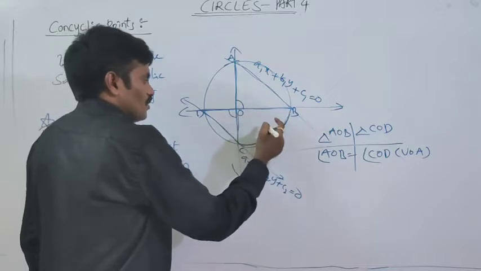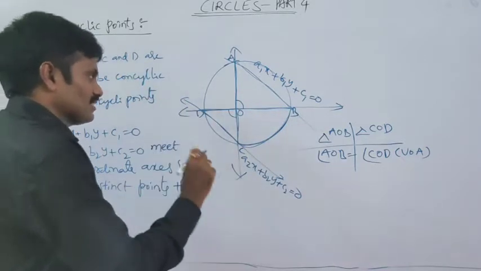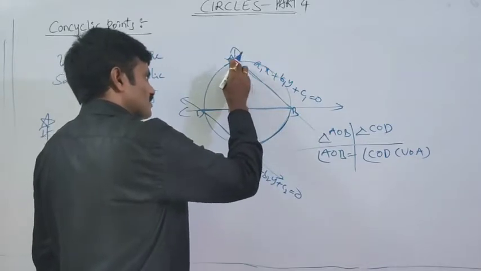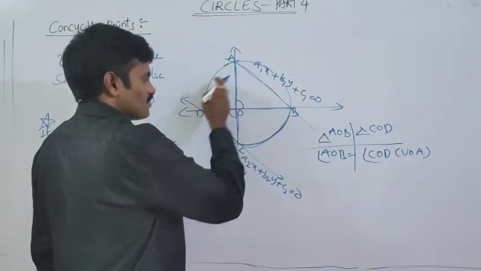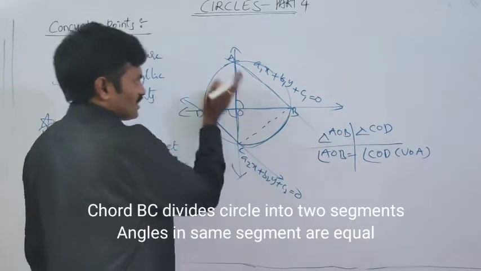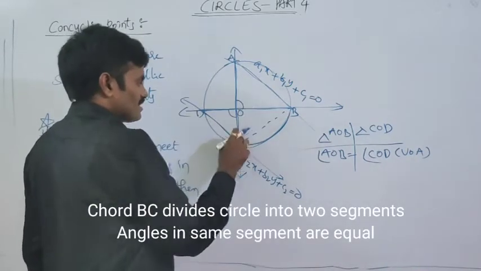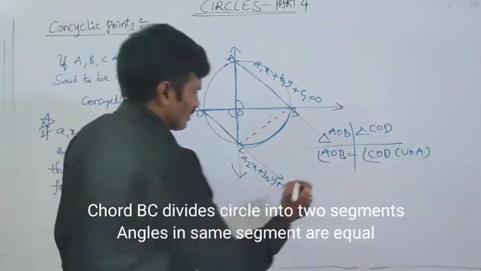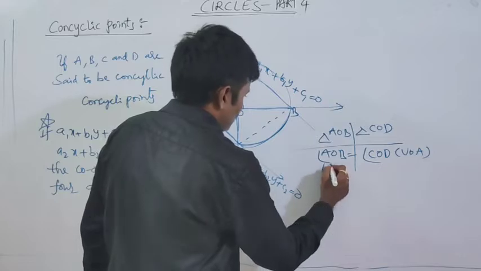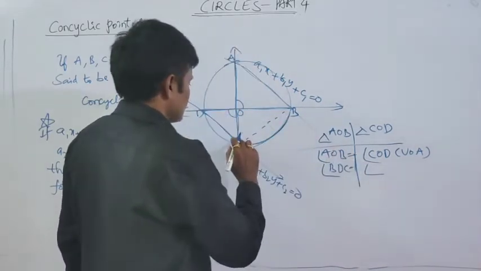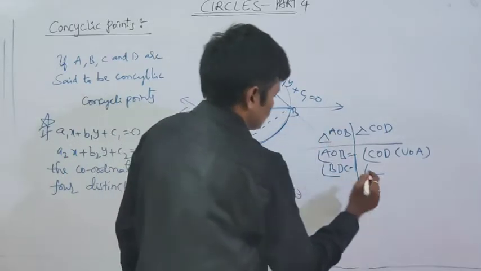So what did we learn in 9th class? In simple words, angle A and angle D are in the same segment. If we consider BC as one segment, this is another segment. These two angles are in the same segment. So angles in the same segment are equal, right? So angle BDC is equal to angle CAB.